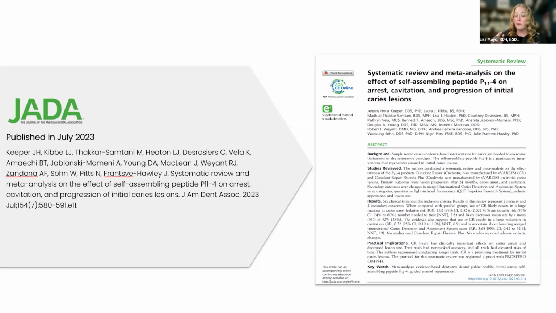Here's the next quote that really gets me as a dental hygienist. It is a meaningful addition beyond the effect of behavior change and other preventive interventions. That's where I have the confidence to tell my patient there's caries treatment, there's caries prevention. And I got JADA backing up that statement that I'm giving to my patients.